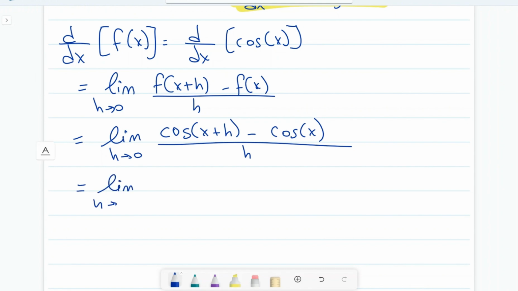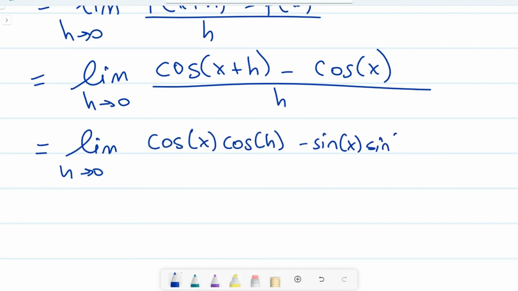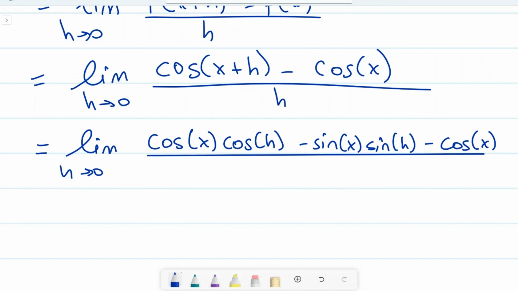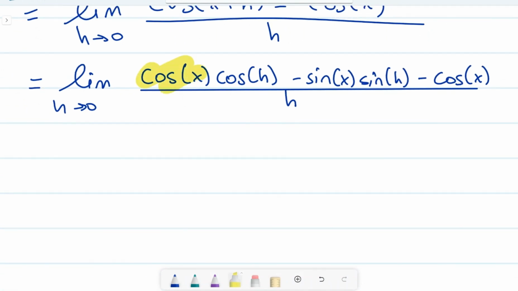And now this limit becomes, if you remember from previous trigonometric identities that we learned, cos of x plus h is cos of x times cos of h minus sine of x times sine of h, and then we keep the cos x here, all divided by h. And now you might have noticed that we have cos of x here and cos of x here. We can factor out cos of x.